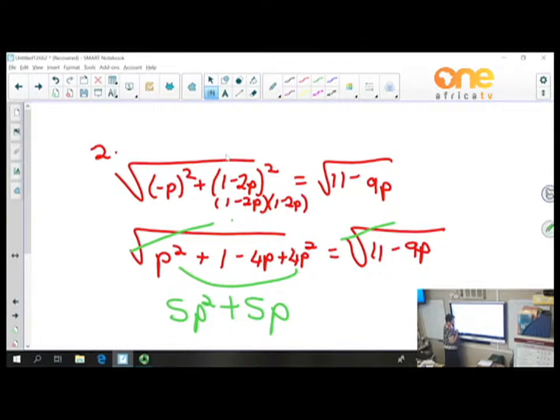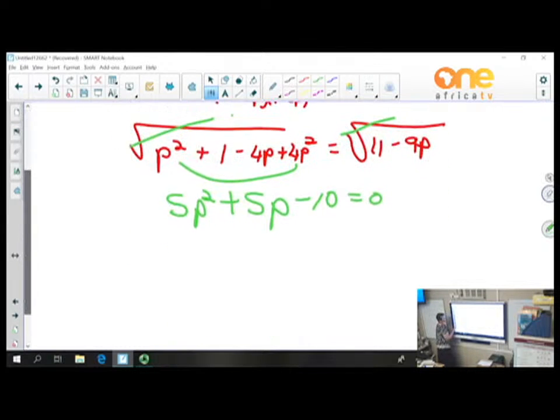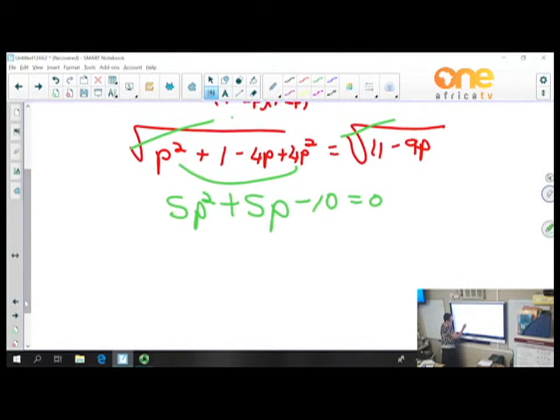Okay, and I bring it over, then it is minus 10 is equal to 0. Okay, and then I can divide it by 5, so it is then p squared plus p minus 2, which is equal to 0.